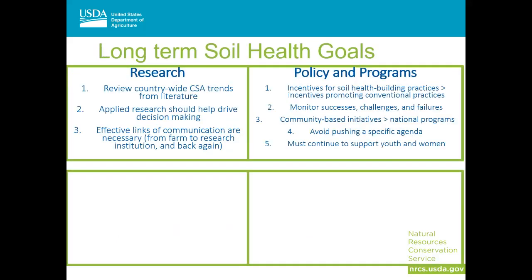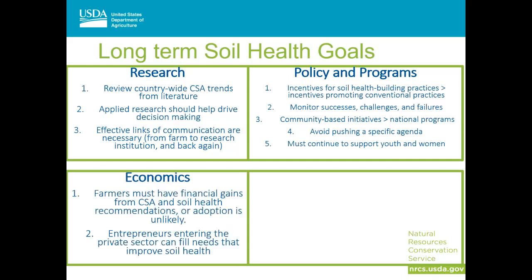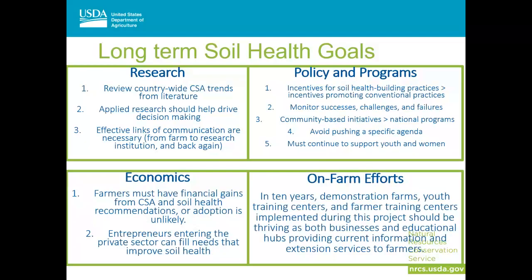We also came up with some long-term soil health goals under 4 different categories: research-based, policy and programs, economics, and on-farm efforts. And I guess I'll just go through maybe one under each category because I'm a little bit long-winded here.